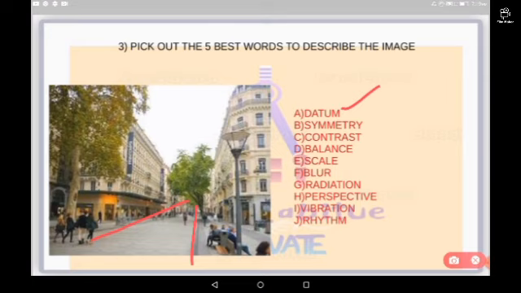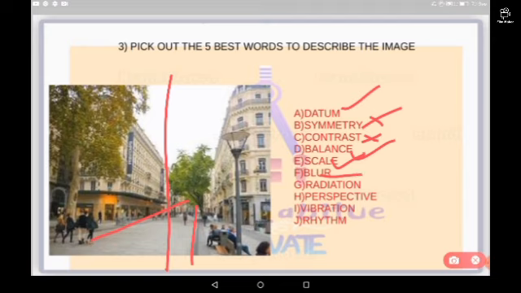So there is a datum. And is there any symmetry? No. And there is no much contrast. There is balance, asymmetrical balance, and there is scale. There is a slight blurred effect, but it's not that the city altogether is blurry. The image is blurry, but it's not much prevailing in it. So we can keep it aside.